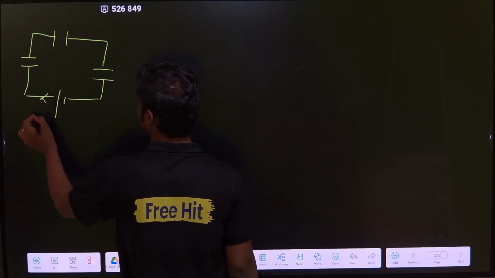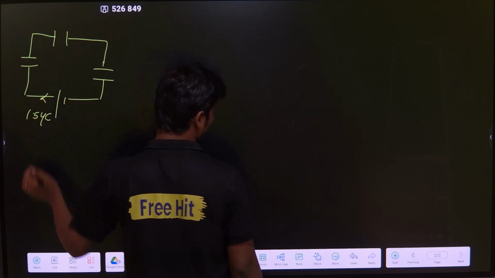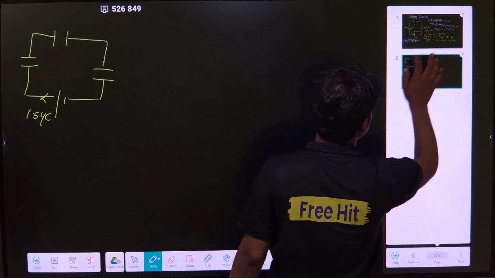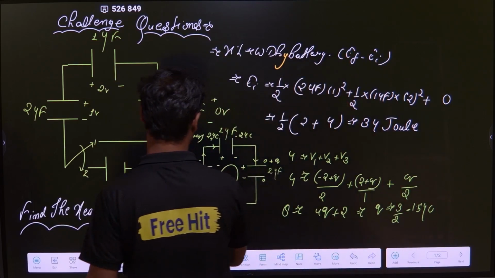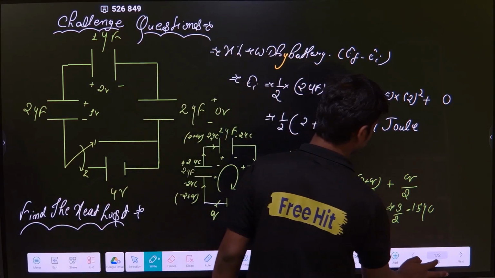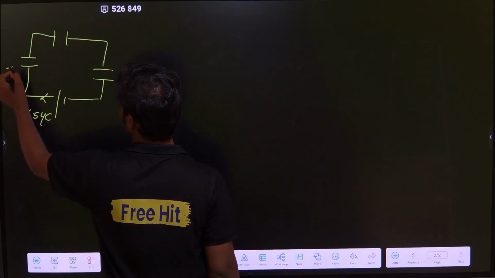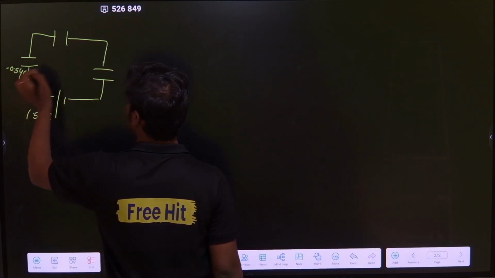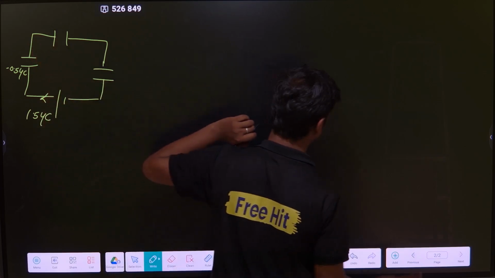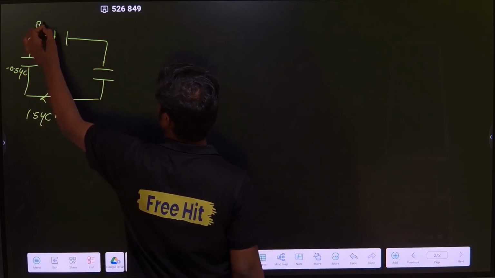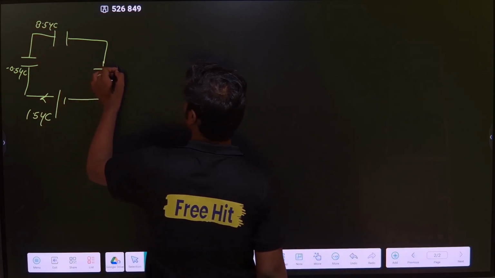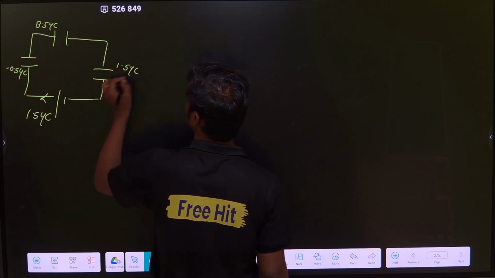We know that the charge flown is 1.5 microcoulomb, and we also know the charge on this surface will become minus 2 plus q, that is equal to minus 0.5 microcoulomb. The charge on this will become 2 plus q, that is 3.5 microcoulomb. The charge on this will become 1.5 microcoulomb.